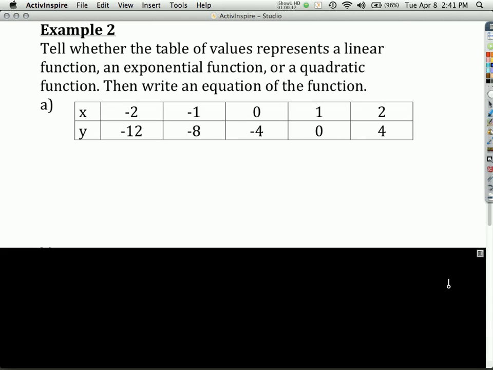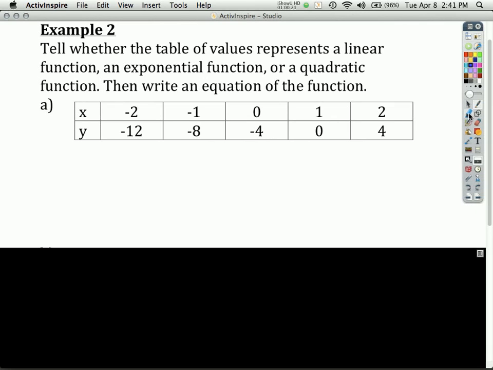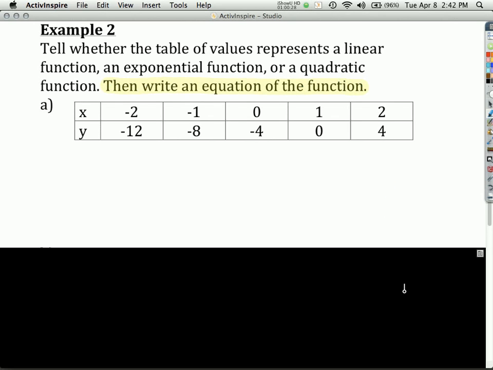The one major difference is that it has a second sentence, or a second instruction. The second instruction is, then write the equation of the function. That can be challenging. If you know what to do and what to look for, it's not terribly difficult, and you actually know most of it.